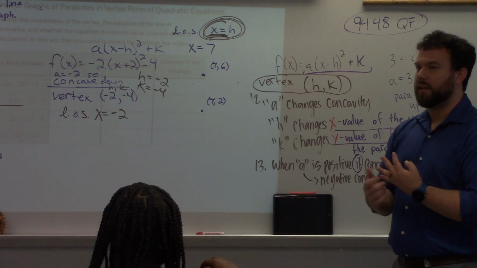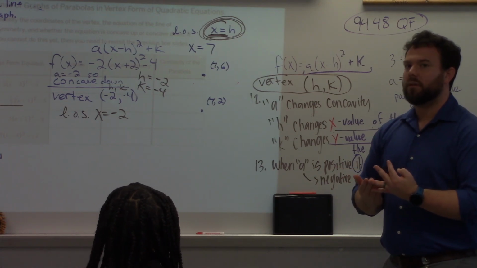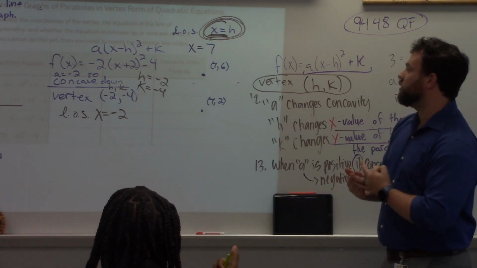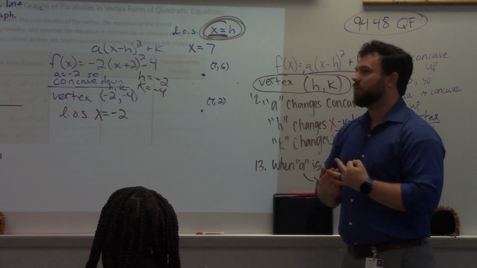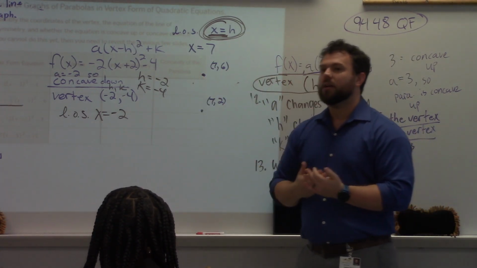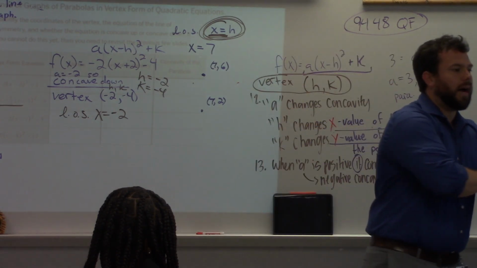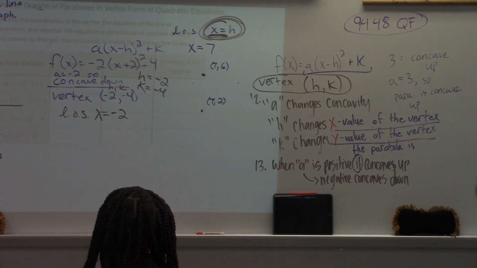The vertex. You need to be able to identify the vertex. What other features? The line of symmetry, right? Guys, I need you to write notes to your future forgetful self about the equation itself, the concavity, the line of symmetry, and the vertex. You have a whole sheet for vertex form. Go! Make those notes.